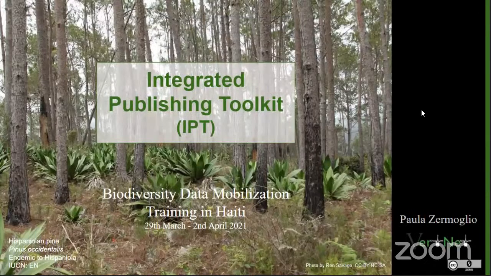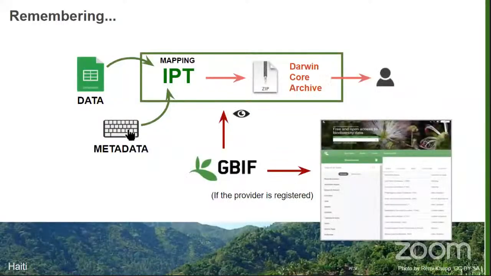Okay, excellent. So as I said, today we're going to go through the steps that we need to perform to publish biodiversity data using the Integrated Publishing Toolkit. So just a reminder of the bigger scheme. We have biodiversity data, and that biodiversity data has metadata associated.